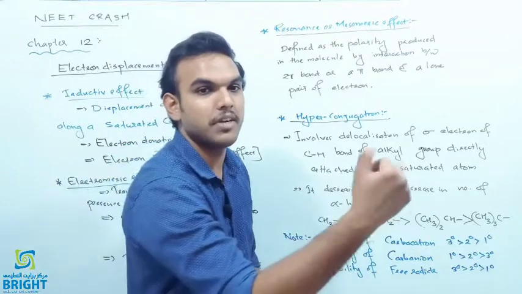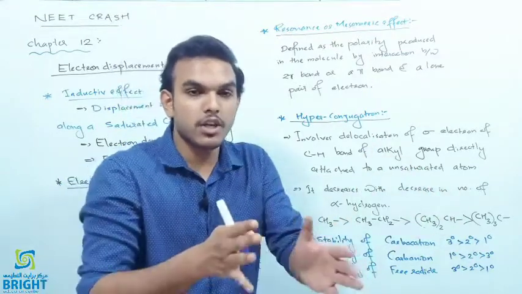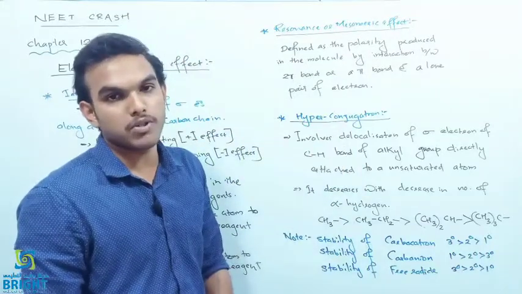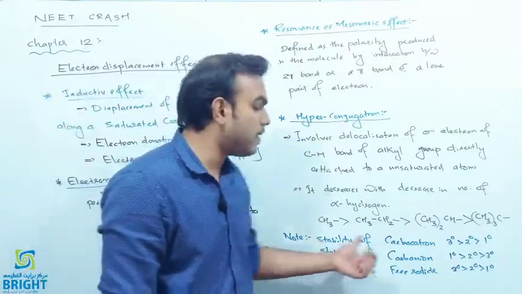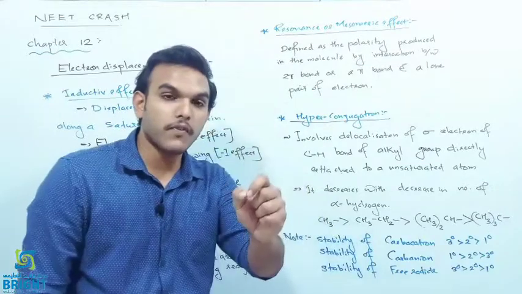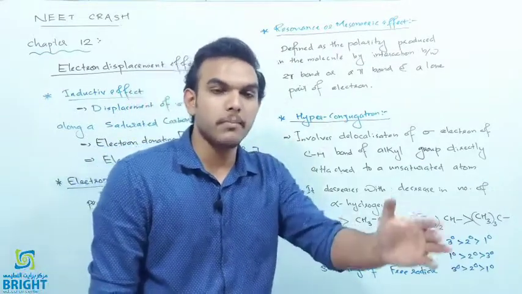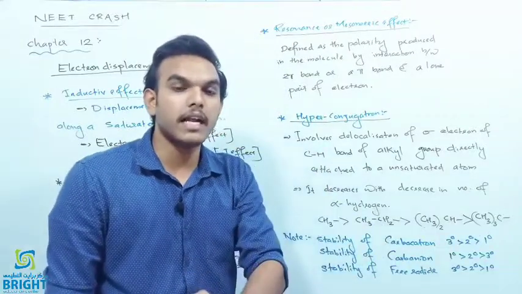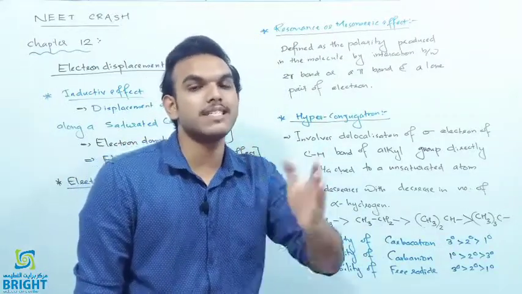Then we discussed stability: carbocation is tertiary, secondary, primary; carbanion is primary, secondary, tertiary; and free radical is again tertiary, secondary, primary.